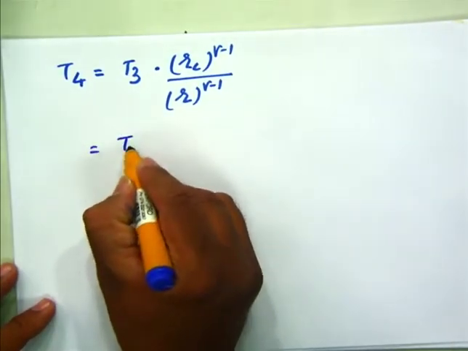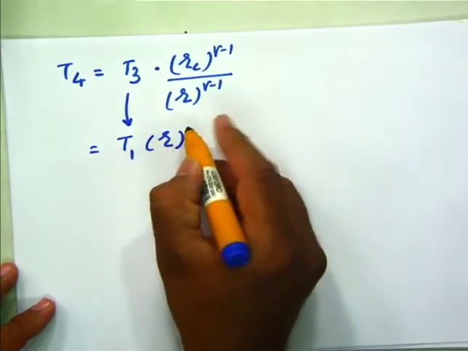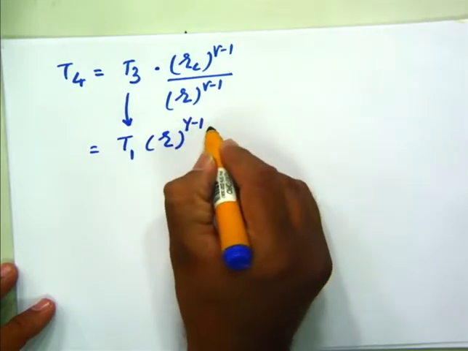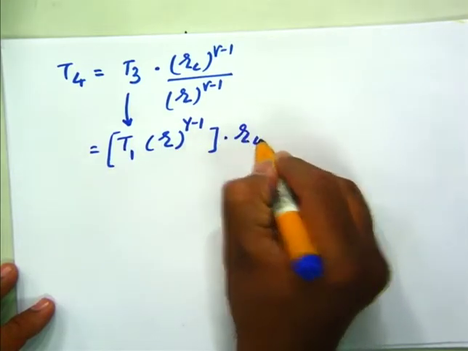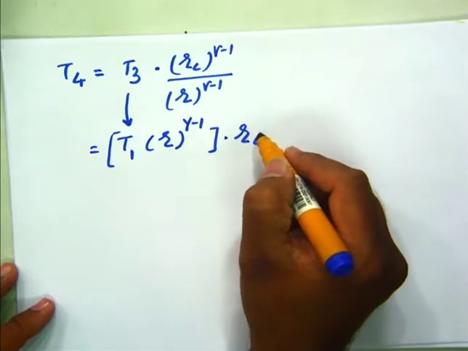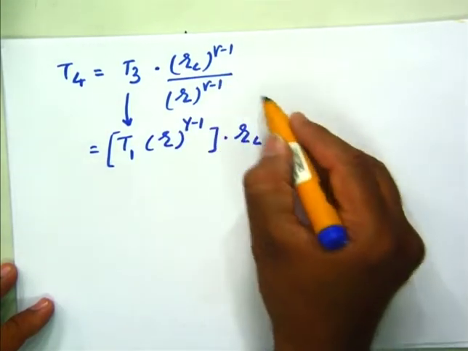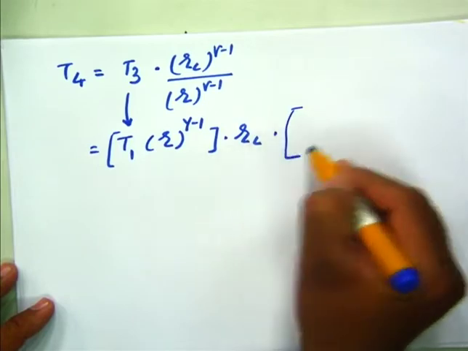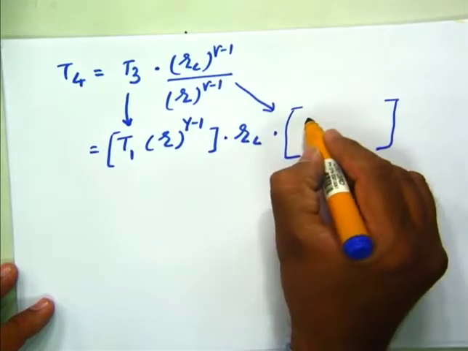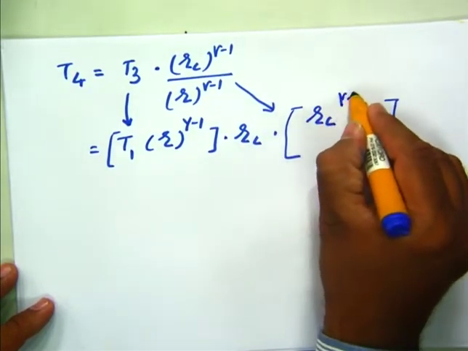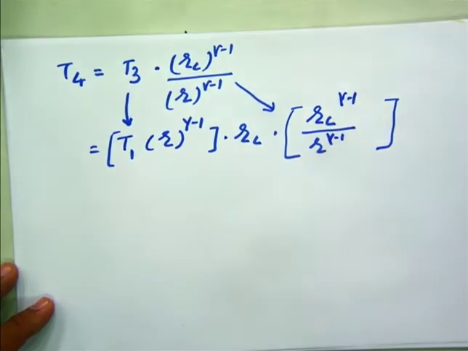T3 is T1 into R raised to gamma minus 1 into RC, multiplied by RC raised to gamma minus 1 upon R raised to gamma minus 1.